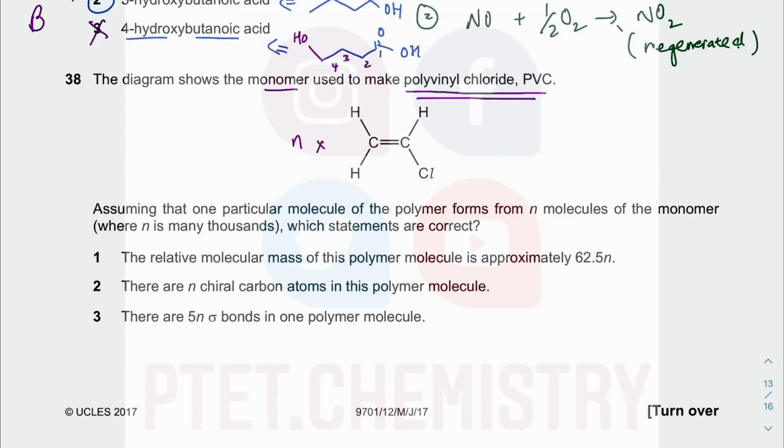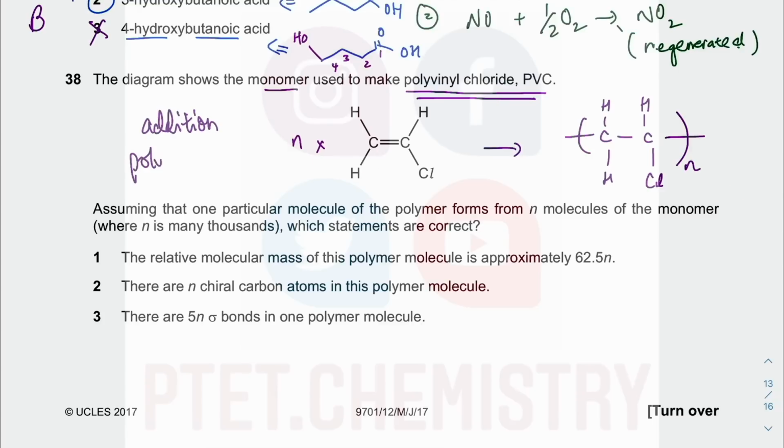So if you have n times this, the carbon forms 4 bonds, and there is no other byproduct because this is addition polymerization. Addition polymerization is not like condensation polymerization. You do not get any other byproduct. So the empirical formula for the monomer is the same as the empirical formula for the polymer.